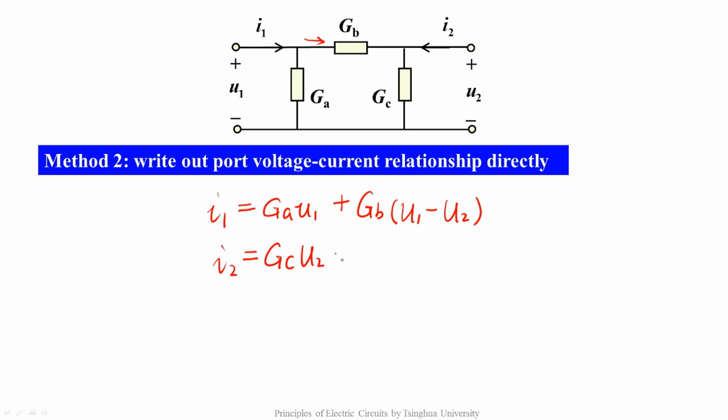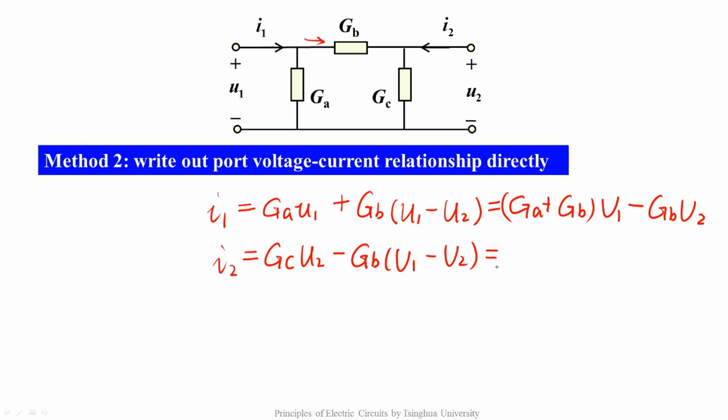According to the reference directions, it should be GB times U1 minus U2. Rearrange the two equations. Pick out the coefficients of U1. I1 equals GA plus GB times U1 minus GB times U2.